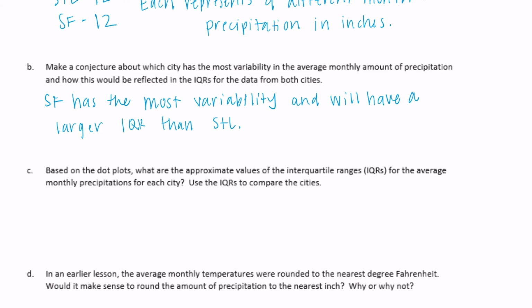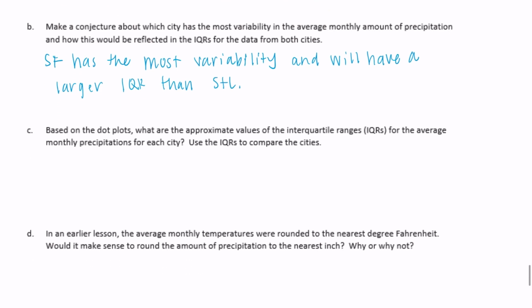C, based on the dot plots, what are the approximate values of the interquartile ranges for the average monthly precipitations for each city? Use the IQR to compare the cities. So in order to find this information, we need to list them in order from least to greatest, find the medians, and then we can go from there. So I'm going to stop and list them in order.